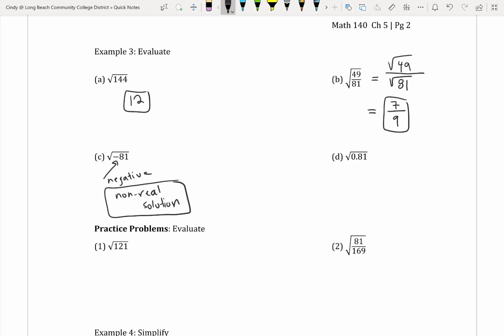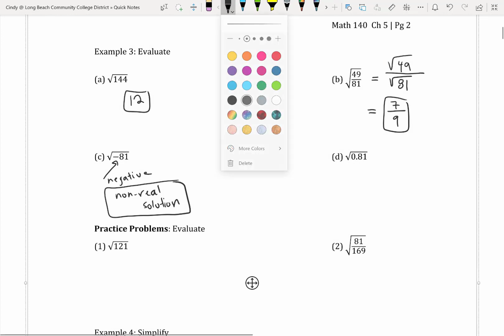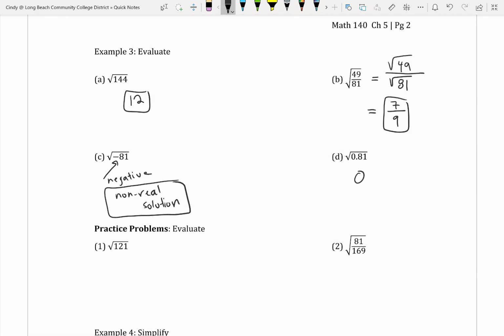Now, that square root of 0.81, well, we can just put that into our calculator, and we already know that the square root of 81 is 9, so really the square root of 0.81 is actually going to be 0.9. I just plugged that into my calculator.